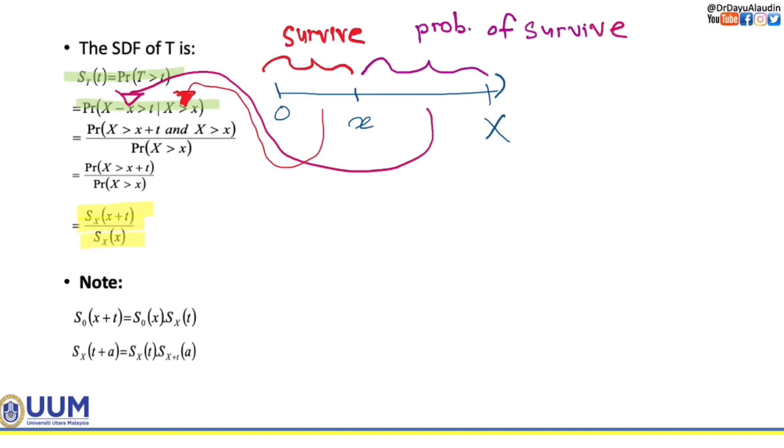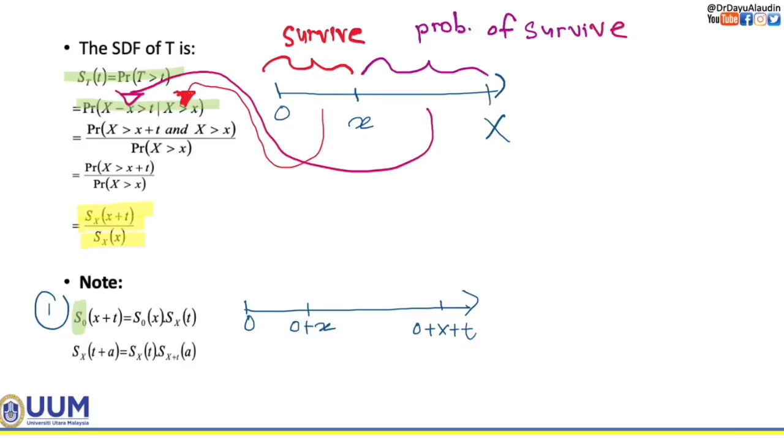Note that for the first one, S0, meaning for a newborn child. If we draw the timeline, 0 to x, or 0 plus x, then 0 plus x plus t.